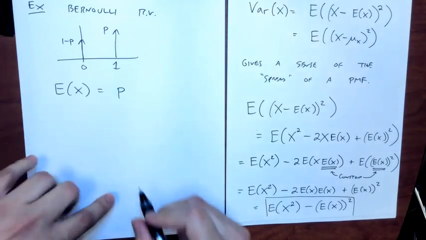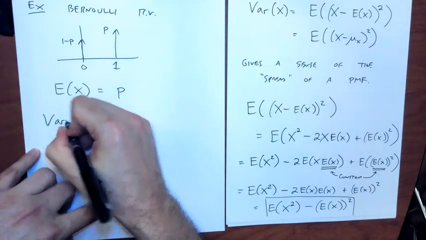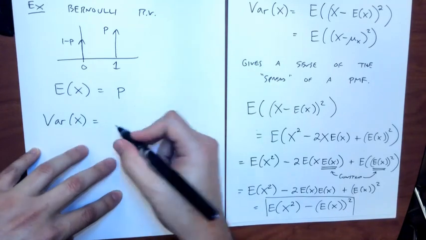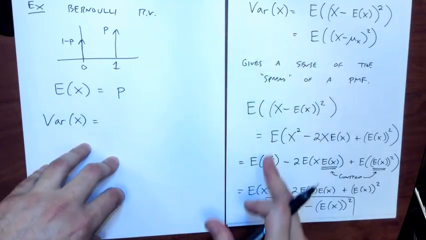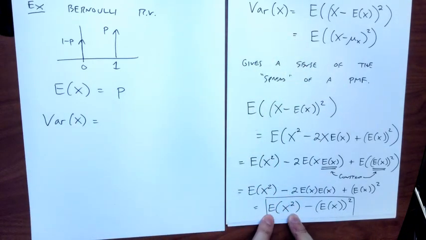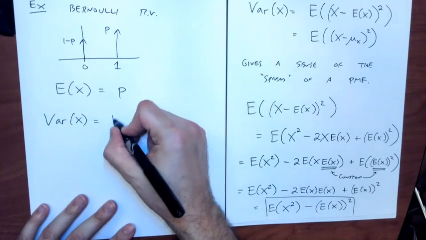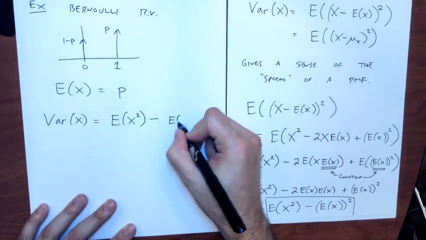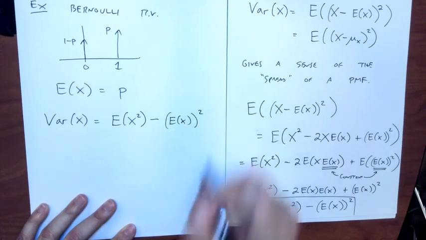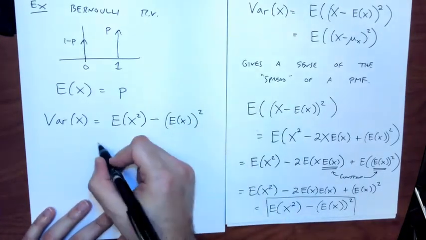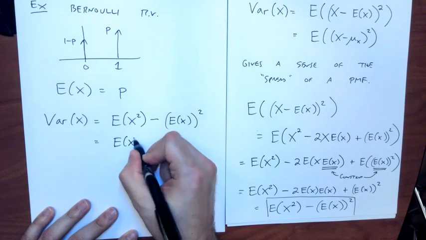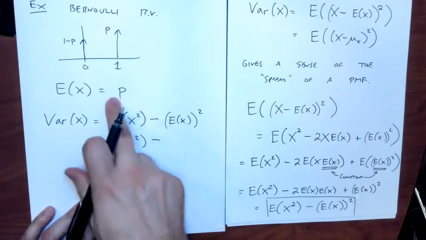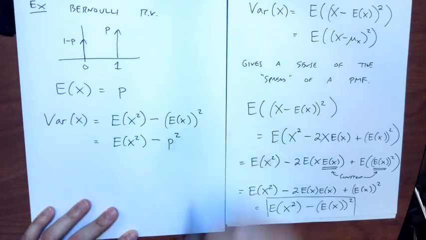We calculated that before. What is the variance of x? Well, I'm going to use this form of the definition: the expected value of x squared minus the expected value of x, squared. We already know what the second term is, because I already computed it. This is just p squared.